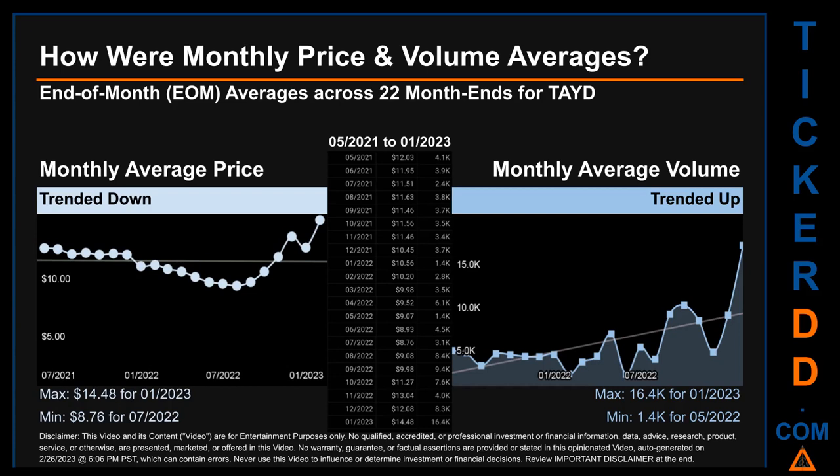The maximum end-of-month average price was $14.48 for 01/2023 while the minimum was $8.76 for 07/2022. Looking at volume, 01/2023 and 05/2022 respectively saw the highest and lowest monthly average volume at 16.4 thousand and 1.4 thousand.